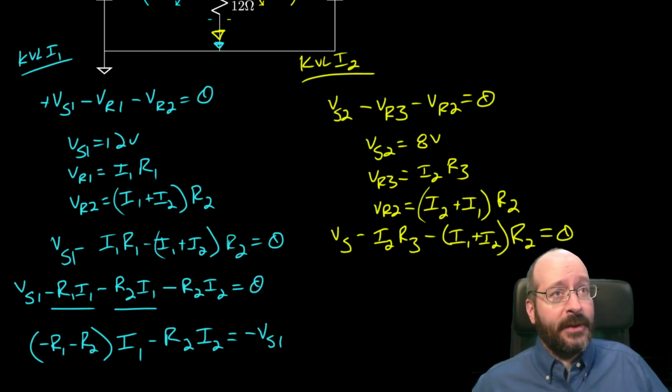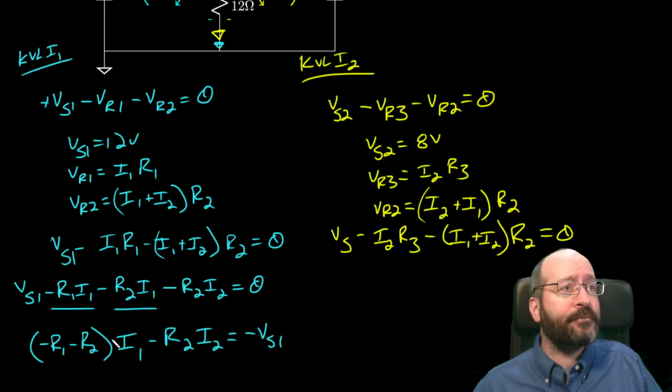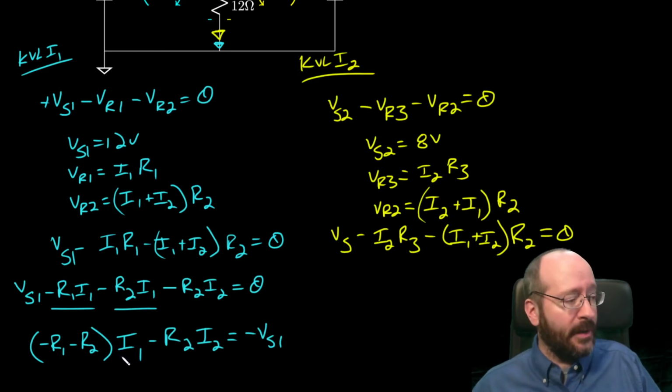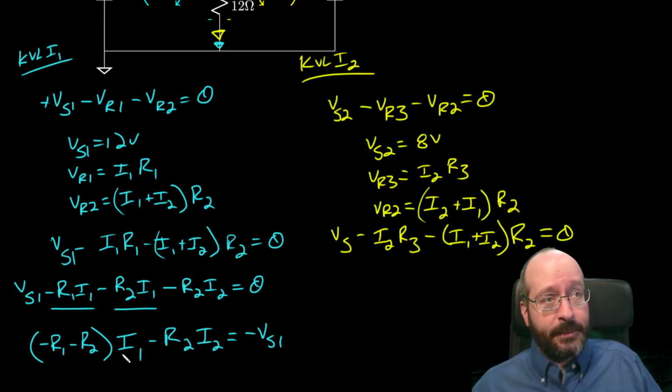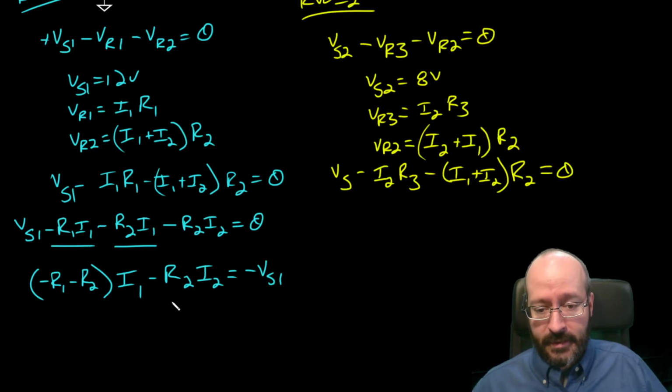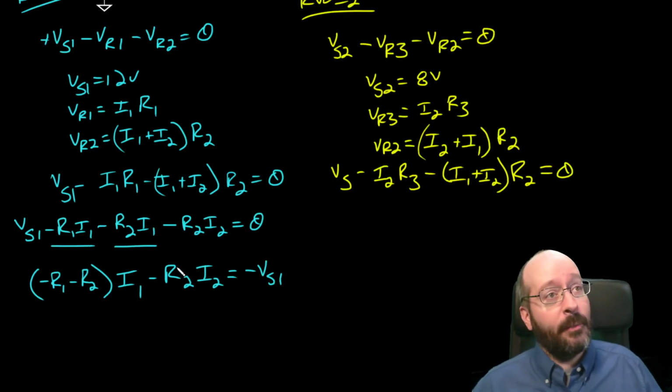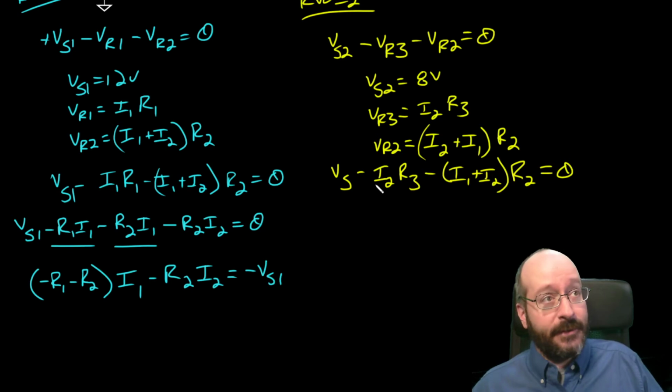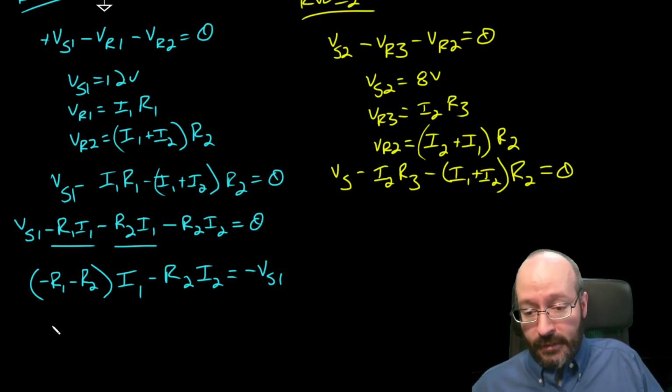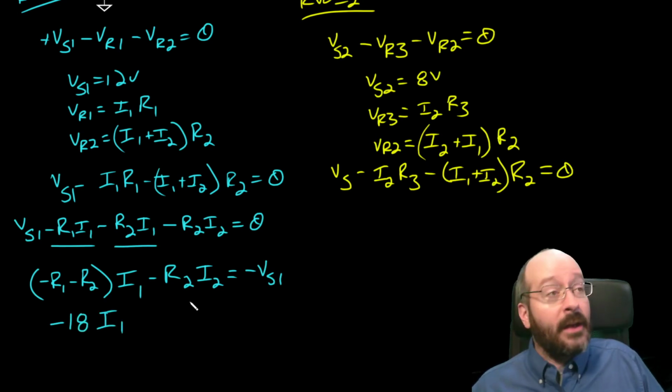Really all that's left for me to do is plug in some values. Let's go ahead and do that. Negative 6, again, I'm looking at my notes, but by all means pull up the image of the schematic I'm writing on right now. I'll post it with the video if you need to look at it at the same time. So negative 6 and negative 12, I get negative 18 I1.